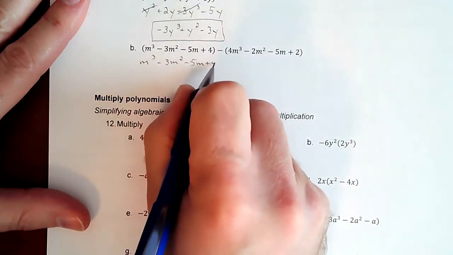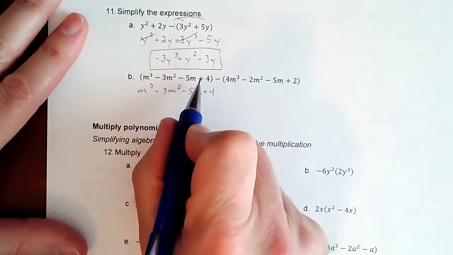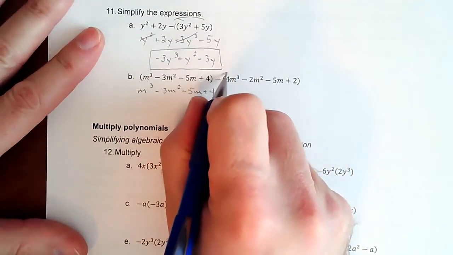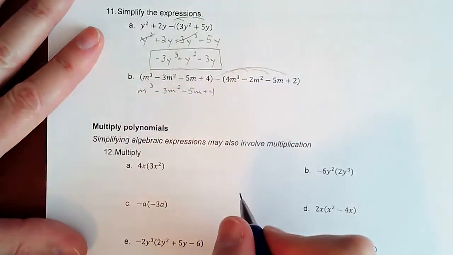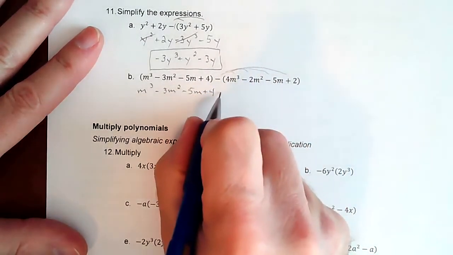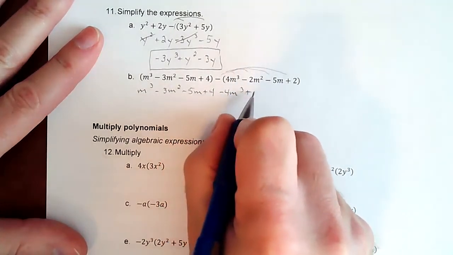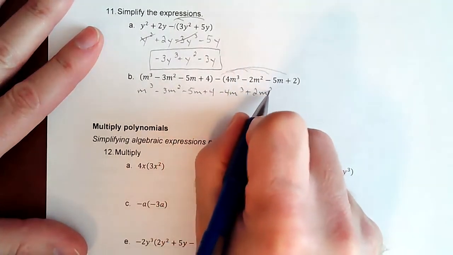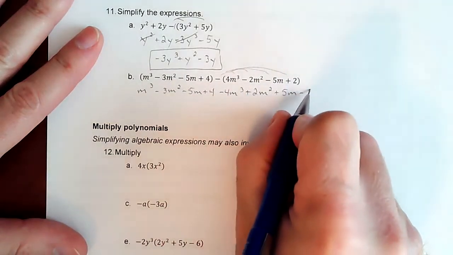Now the other piece, though, is just like this, where you have a negative that you need to distribute in. So that negative is going to distribute into each one of these, which all it's going to do is change their signs. So this will be a minus 4m cubed. This will be a plus 2m squared plus 5m minus 2.